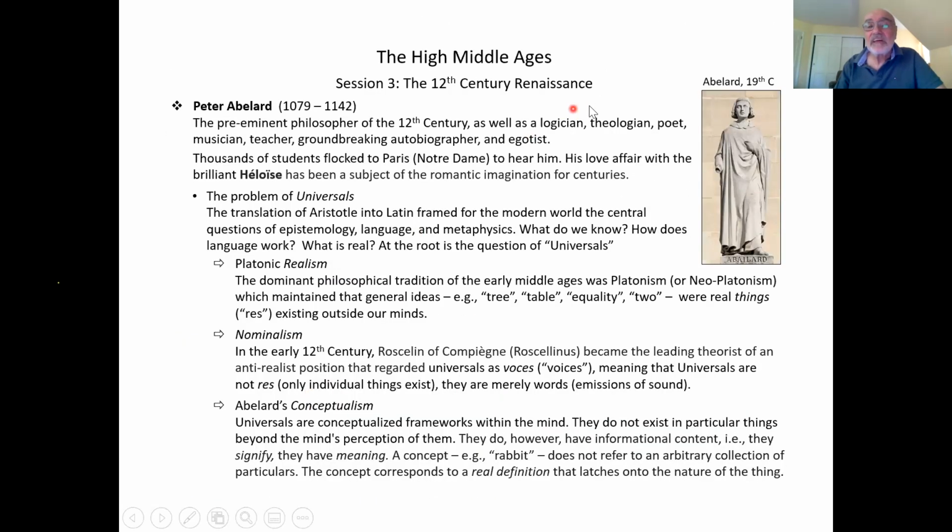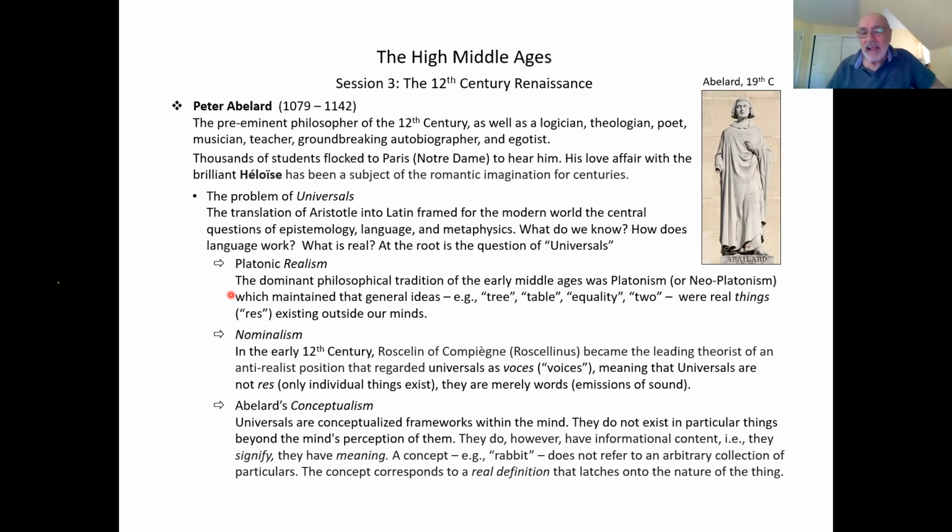Now, what is known as the 12th century Renaissance formally often includes stuff that was happening at the universities and the new brands of philosophy that were being taught.